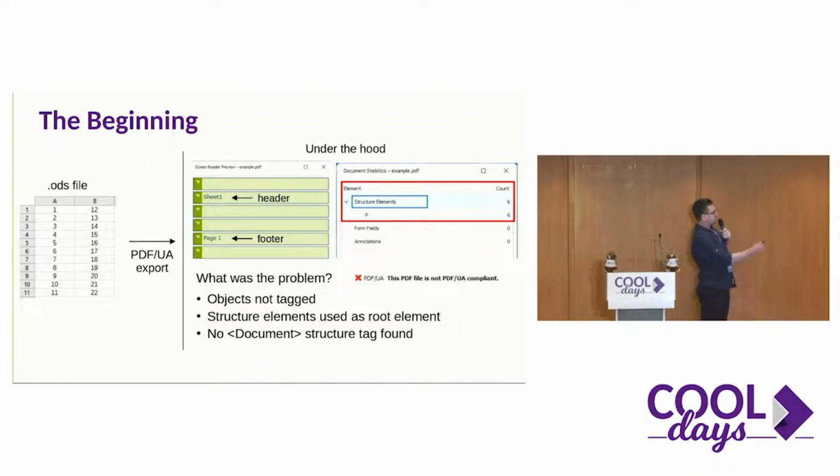So this PDF file had several problems. The main issue is that the entire document content was missing from the structure tree. Another problem was that the structure tree didn't contain a root element like a document, and therefore it incorrectly tried to use a paragraph element as a root element.